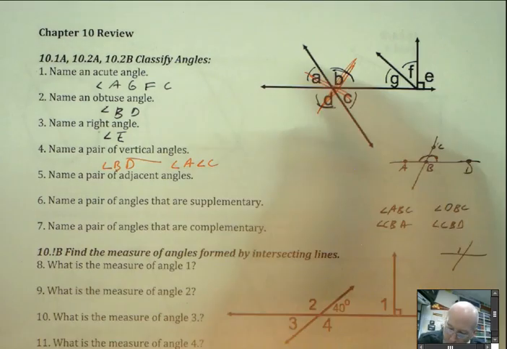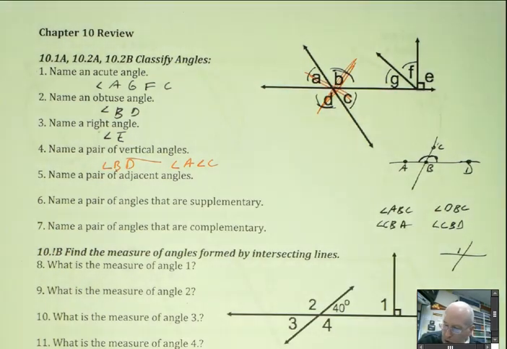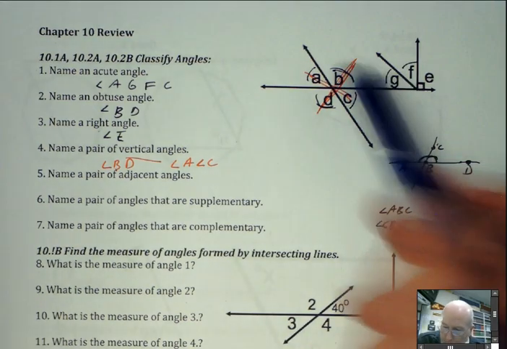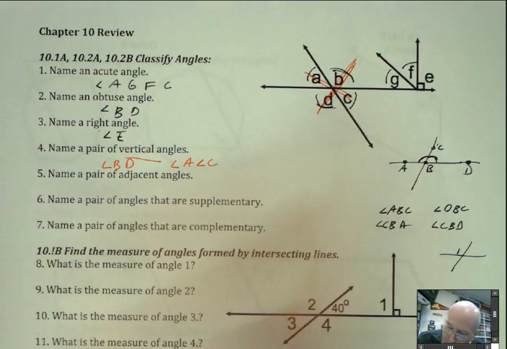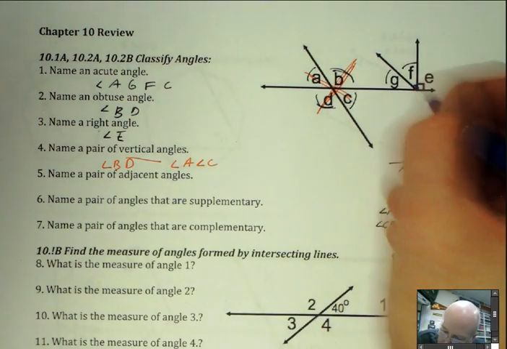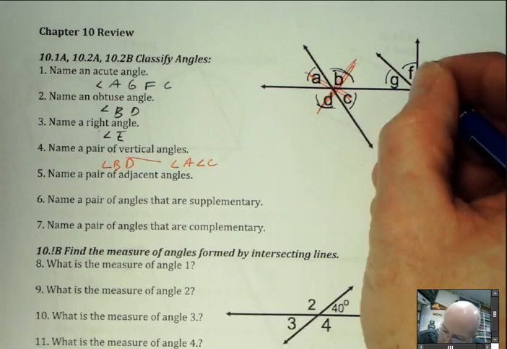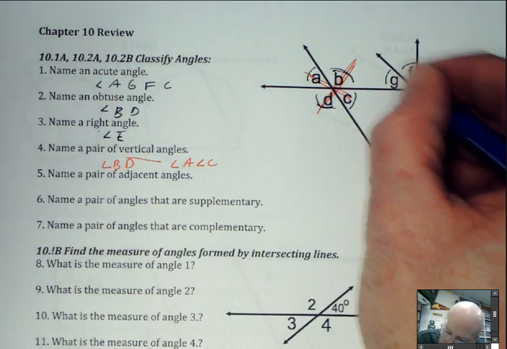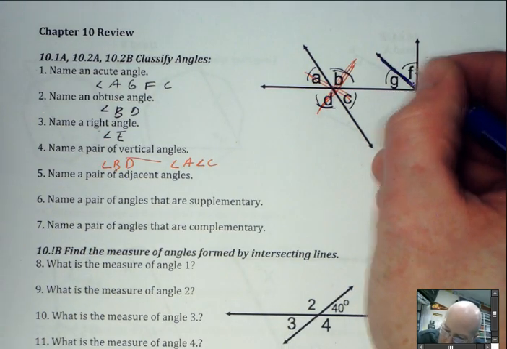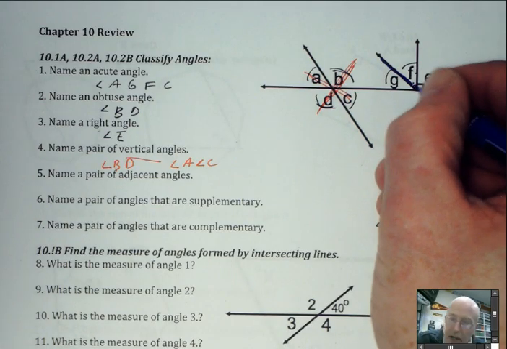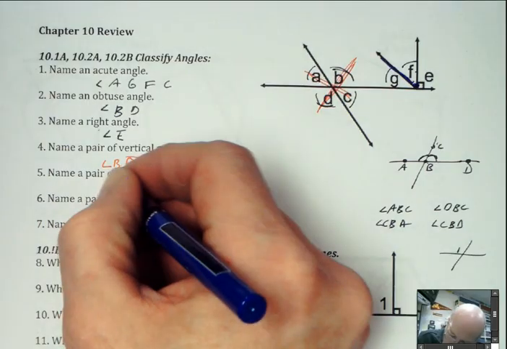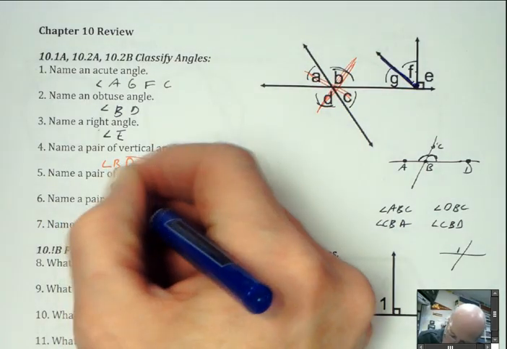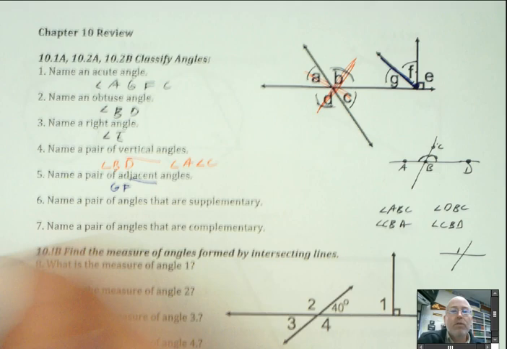Okay. Now adjacent angles, I'm going to go to yet another color. Adjacent angles are any of the angles that are next to each other that share a vertex. This is the best example right here, G and F. They share a line and they share a vertex down here. So G and F are adjacent angles.